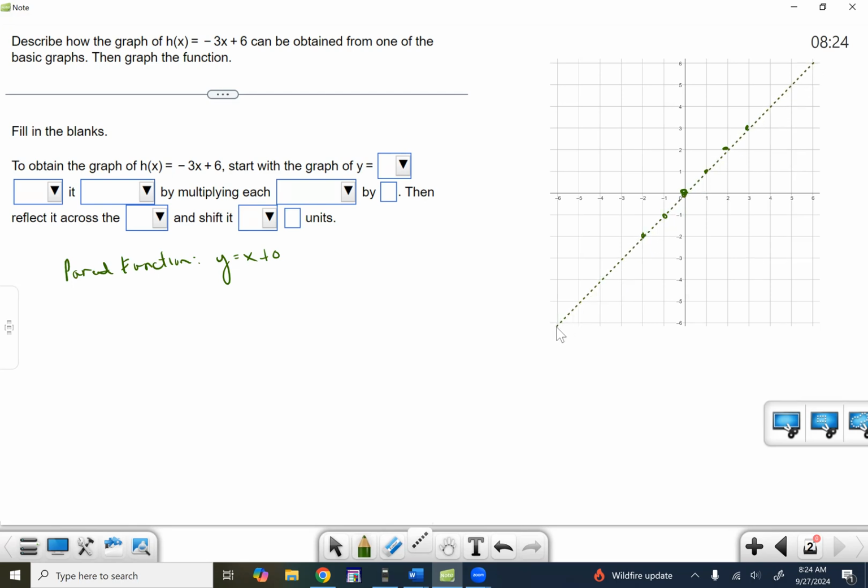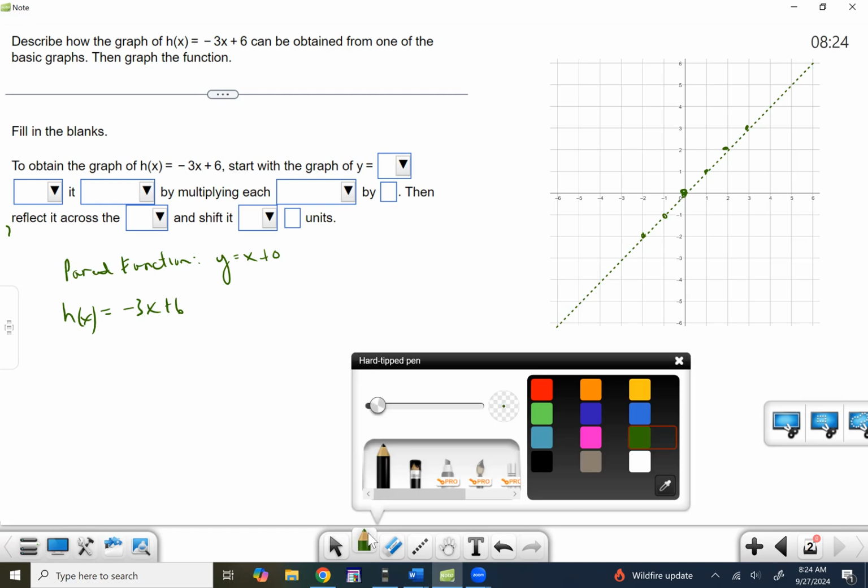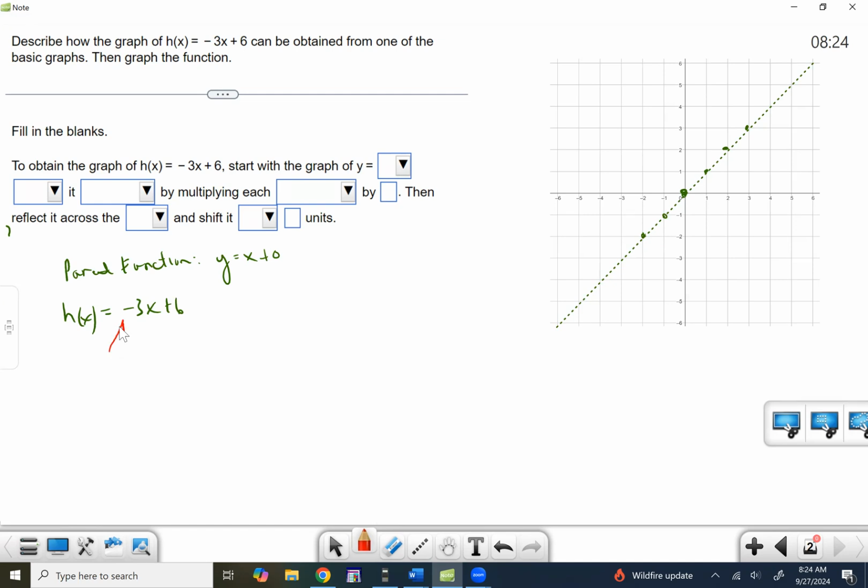Now, what we want to do is we want to know what transformations are going to happen to that if we look at the function negative 3x plus 6. So why don't we start off with the negative out front, okay? Negatives in front of functions mean that we are going to reflect over the x axis, okay?